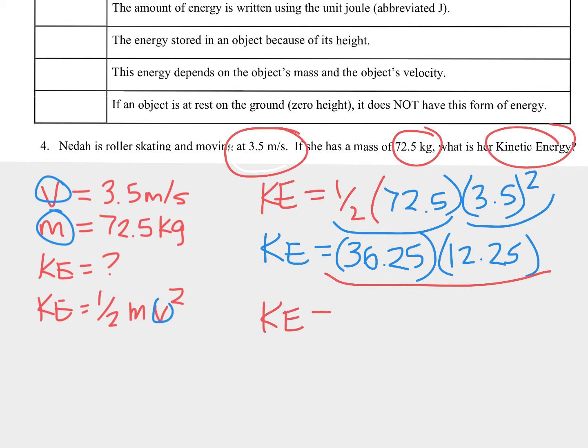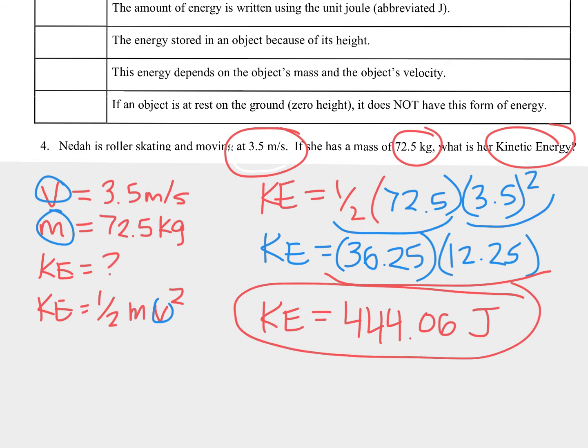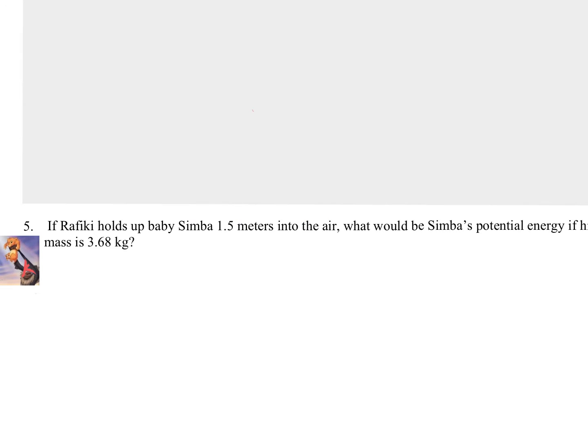When I do, kinetic energy is going to equal 444.06. But remember, since it's energy, we have to give it a unit, and that unit is joules. So overall, the kinetic energy ends up being 444.06 joules.